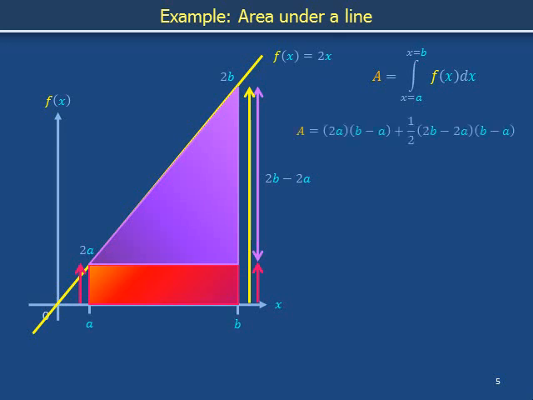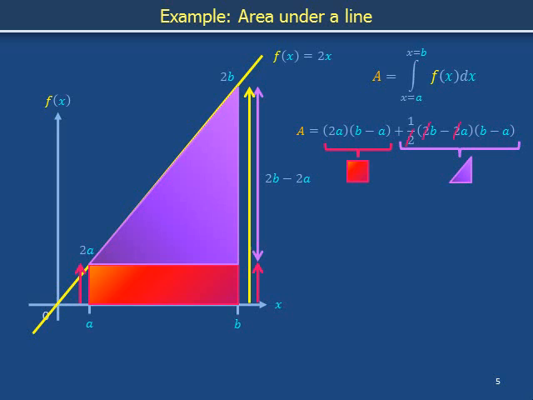Let's walk through the combined area of the rectangle and triangle. The rectangle has area equals height times width, which is 2a times (b minus a). The right triangle has area equal to half times the height times the width, or half times (2b minus 2a) times (b minus a).